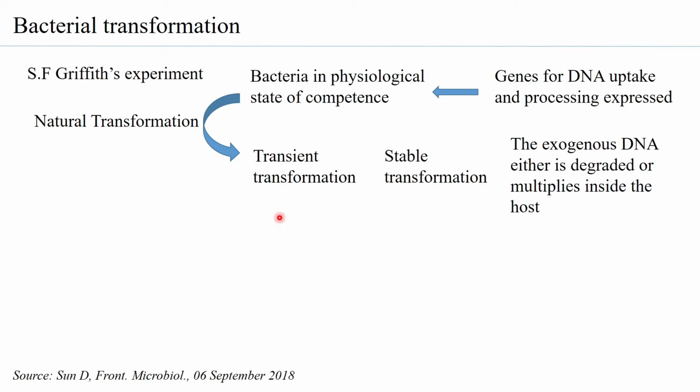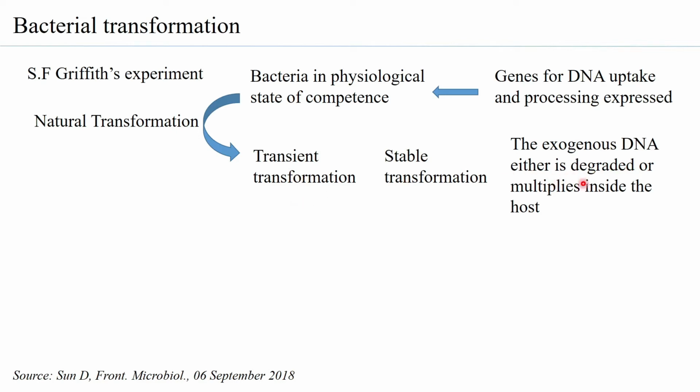Now, what can happen in transient transformation? Why is it that the DNA that has been taken up by the host does not stay for as long as the host is alive? What has been observed is that many of the DNA, once taken up, can be degraded. That is one point. If it is degraded, then it leads to transient transformation.